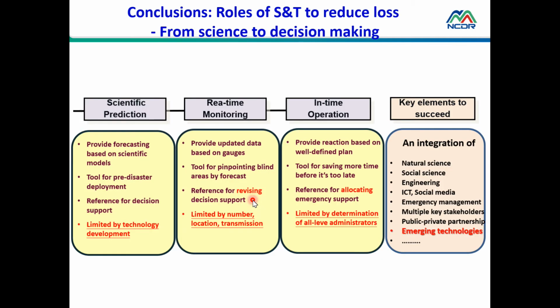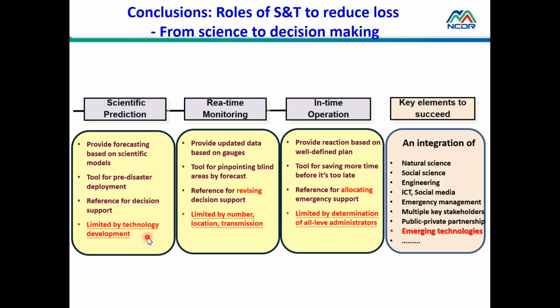To conclude my slide, I will use this one to emphasize the elements to have smart emergency response. First, based on science and technology, we can have science and technology help us look at an initial guess about typhoon, about earthquake, but limited by technology development.